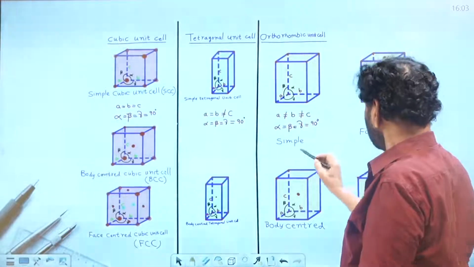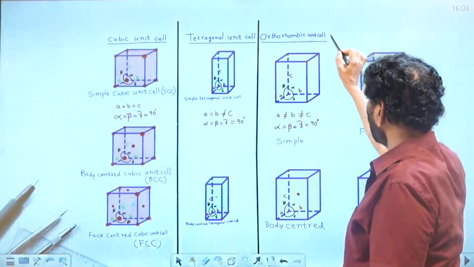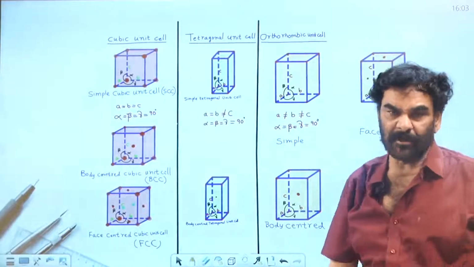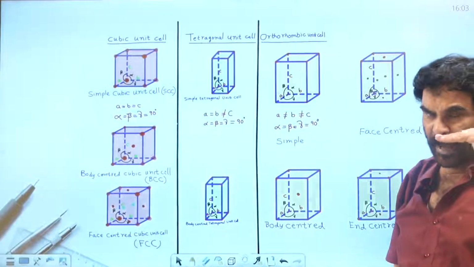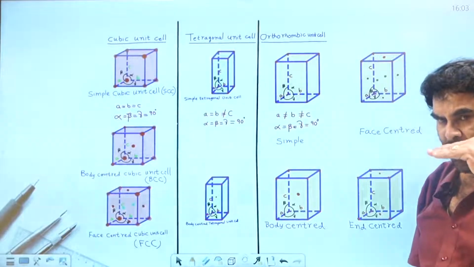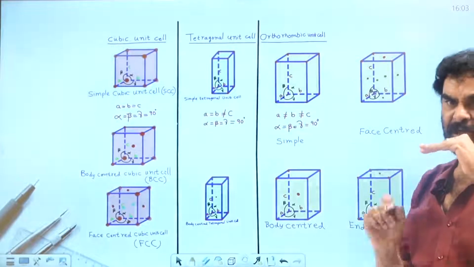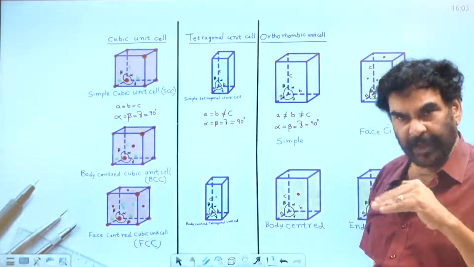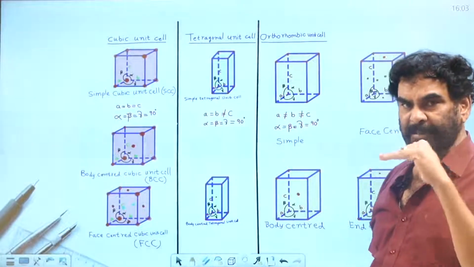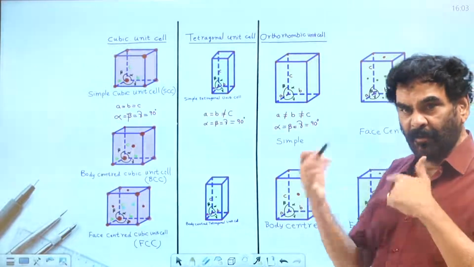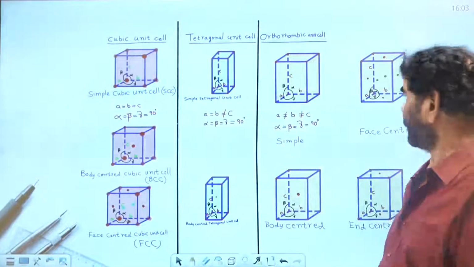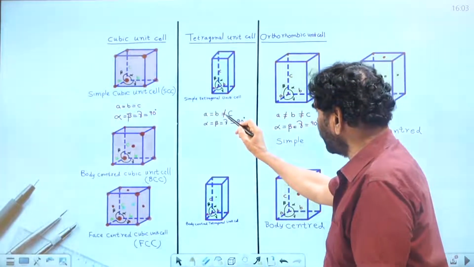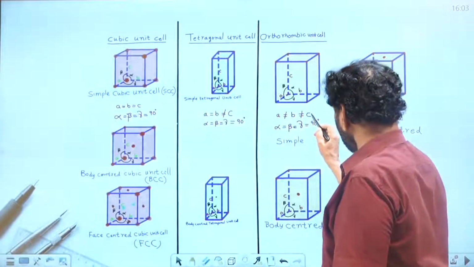Now this is the orthorhombic unit cell. What is the orthorhombic? First we keep the interfacial angles and axial angles the same. All three axial angles are the same, and we vary the edge lengths one by one. Here one edge length is different. Here all are different.